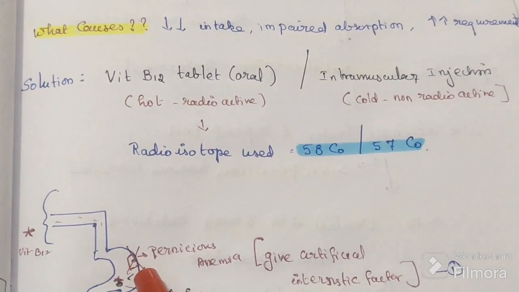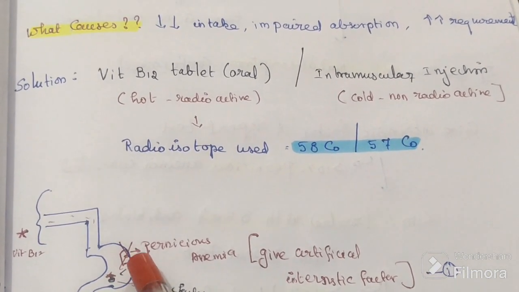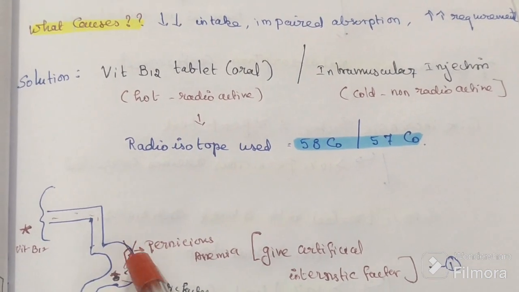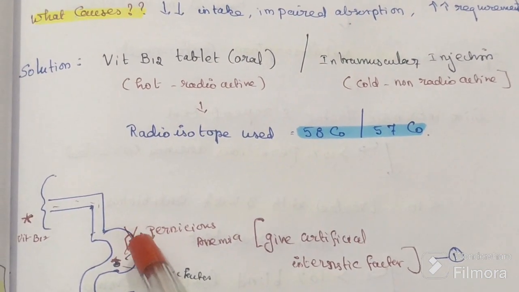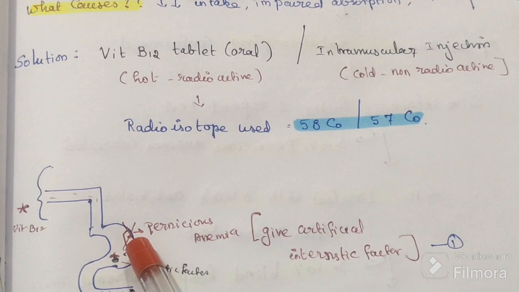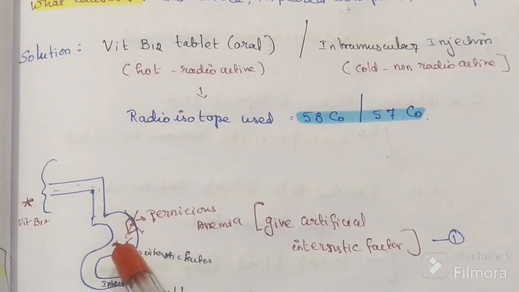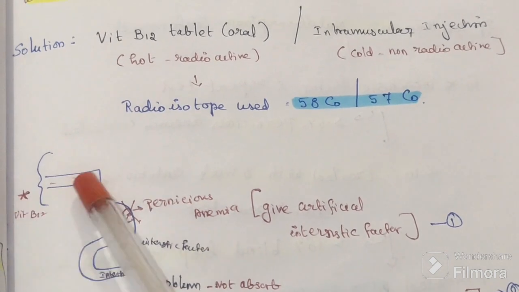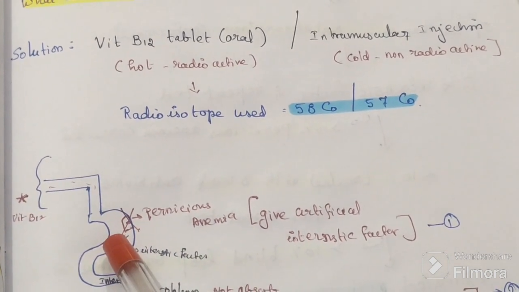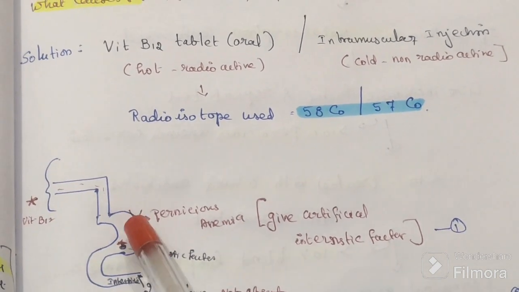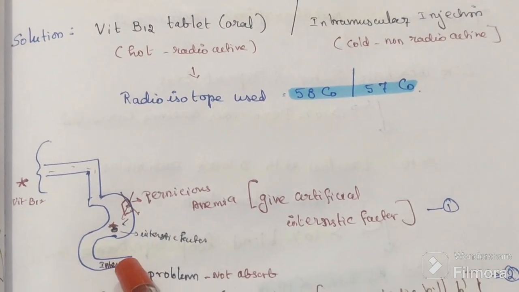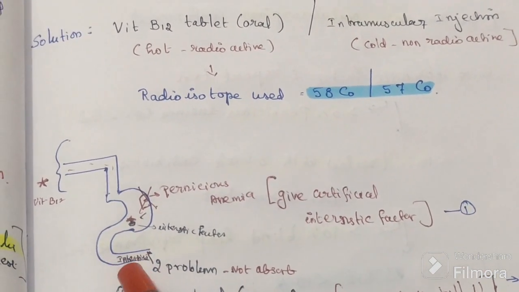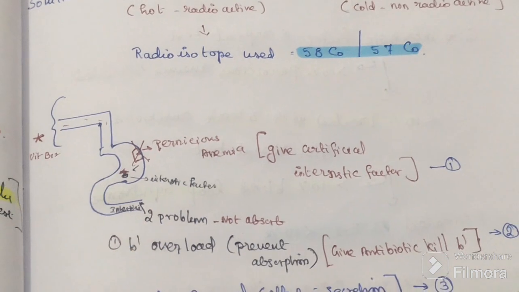But here the parietal cell is present in the stomach. If it is absent, it cannot secrete the intrinsic factor, so it will cause pernicious anemia. Suppose we give artificial intrinsic factor, it will bind with the vitamin B12 and reach the intestine. Here there are also two different types of problem.